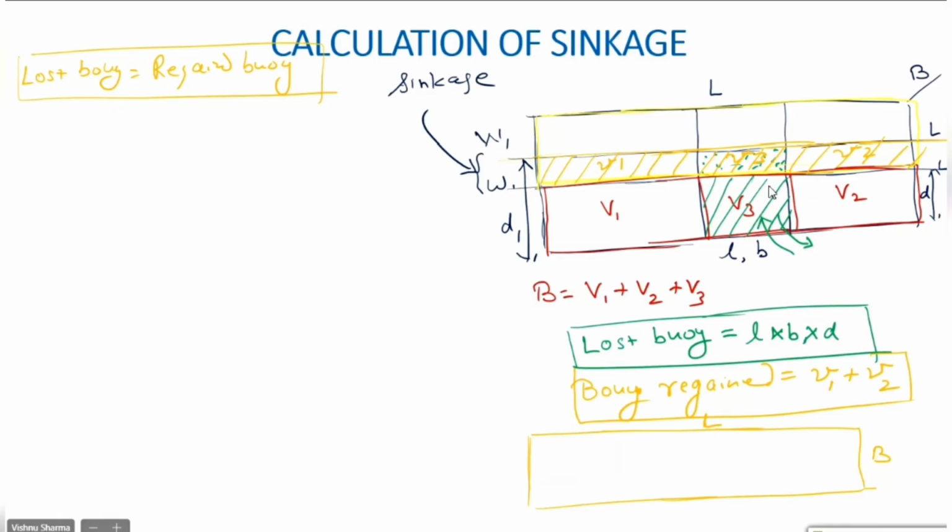But when you cut the ship in the bilged condition, what will happen? Here you will see the sea water. Yes or no? Here you will see the sea water in way of the V3. Correct? Does this water belong to me? No. If this water does not belong to me, then this area also does not belong to me, because you remember that's how we defined the water plane area.